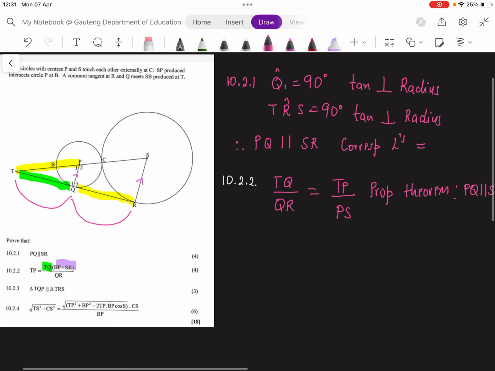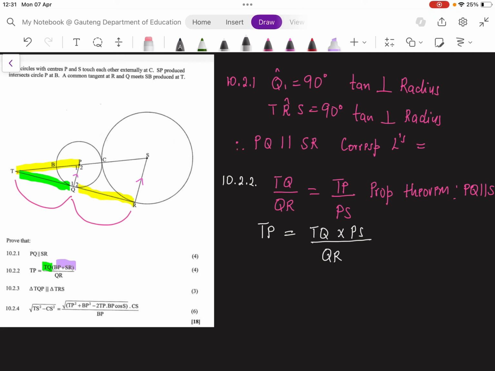Now we want TP, so we can make TP the subject of the formula. So on both sides, I am going to multiply by PS. Now, if we multiply by PS on both sides, we are going to have TP is equal to TQ times PS all over QR.